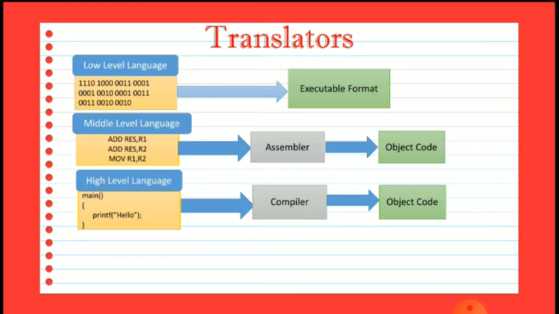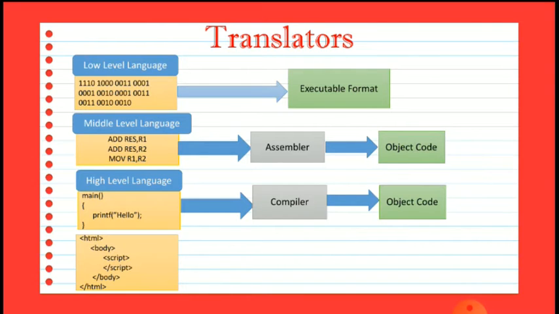Now we will see how interpreter works. If instructions are written in high level language, those instructions need to be converted into low level language. Suppose these are the instructions which are written using JavaScript language.